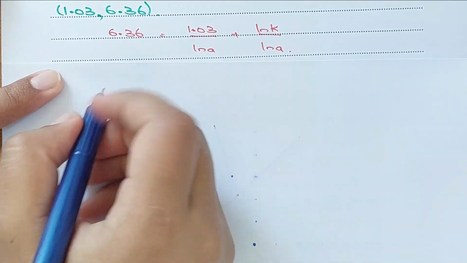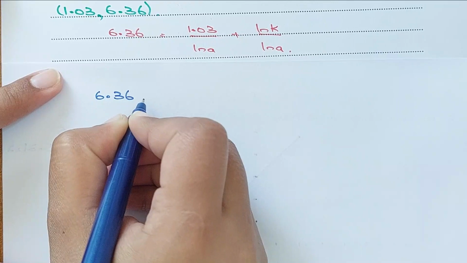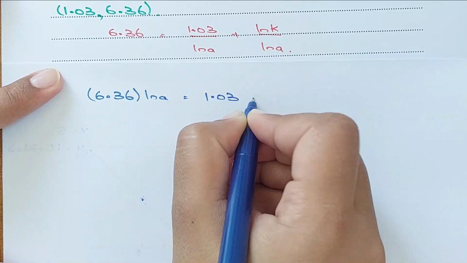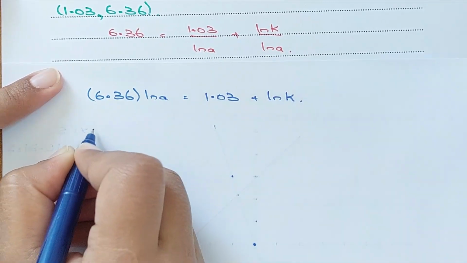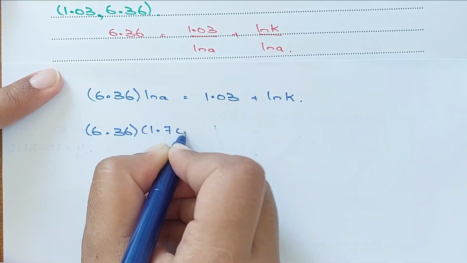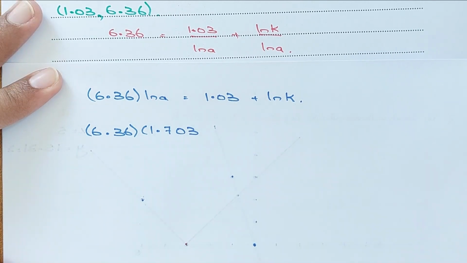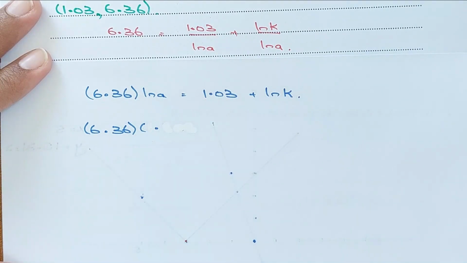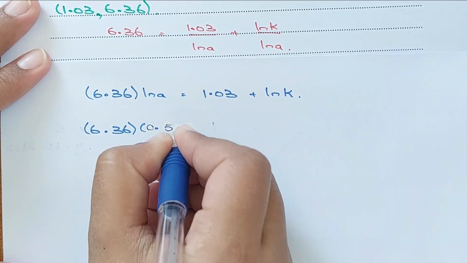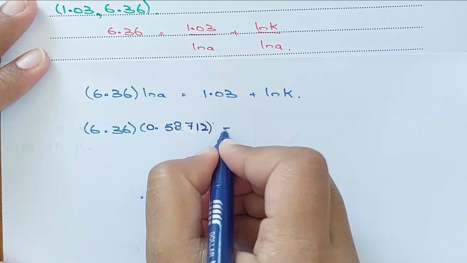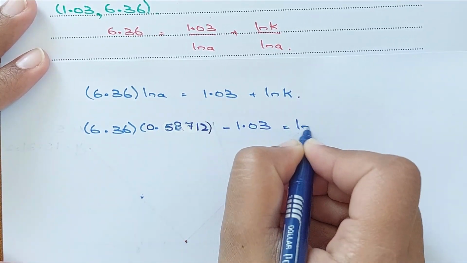Let me substitute it into the first equation. 6.36 times ln a is equal to 1.03 plus ln k. 6.36 times the ln of a value, which is 0.58712, and then subtract 1.03. This would be ln of k.